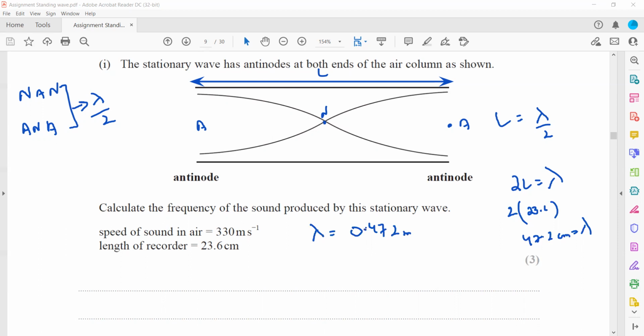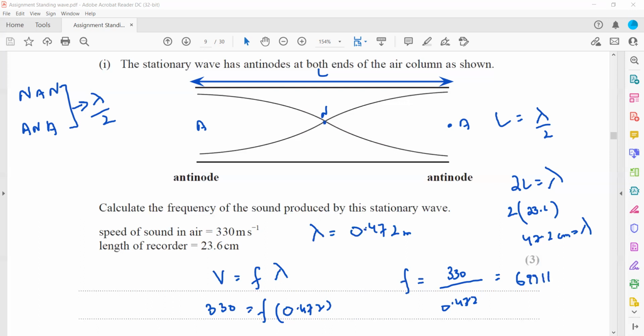Then we have the formula v equals f lambda. So speed is frequency multiplied by wavelength. The speed is given as 330, frequency is unknown, and the wavelength is 0.472. So the other side will divide: 330 divided by 0.472 will give us the frequency. It comes out around 699 hertz. That's the fundamental frequency.